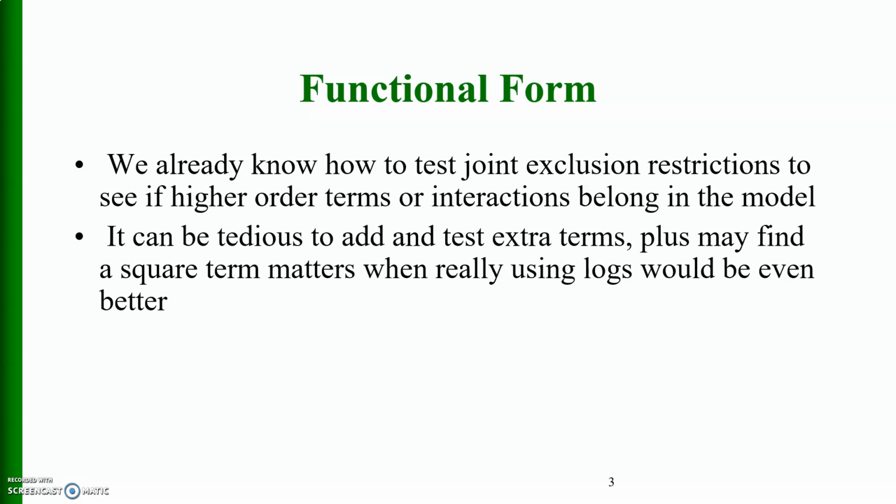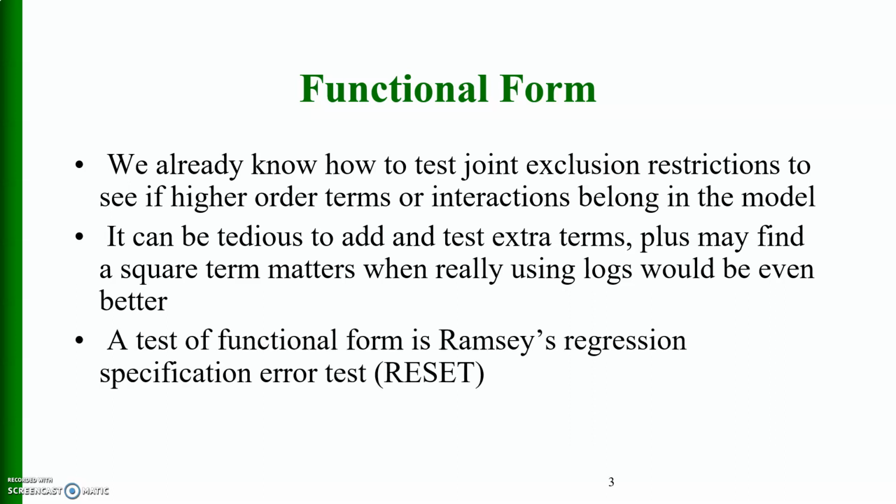Although it could be difficult to add extra terms, plus we may find a square term matters, when really using logs would be even better. A formal test of functional form, as I told you earlier, is Ramsey's regression specification error test, and it is abbreviated as RESET.